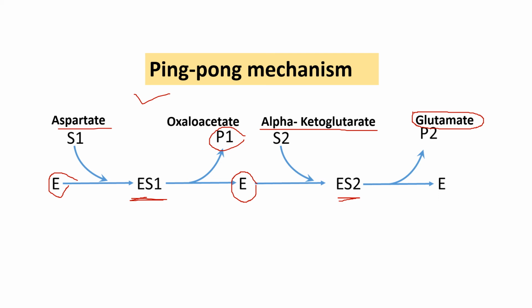First, the first substrate enters the reaction and a product is released. Then the second substrate enters the reaction and a product is released. They participate in the reaction separately, and this mechanism is called the ping pong bi-bi mechanism. We will discuss this mechanism in detail in the next lecture.